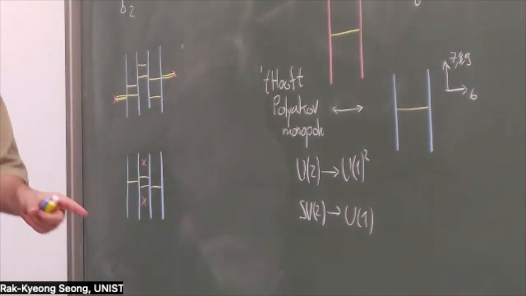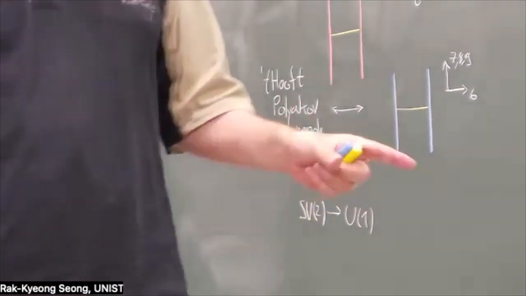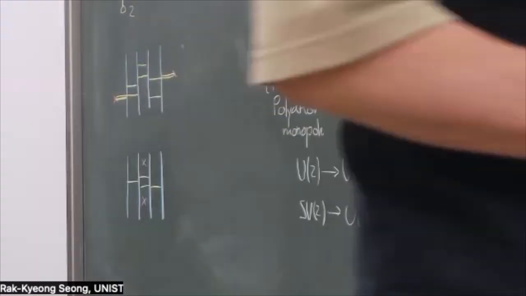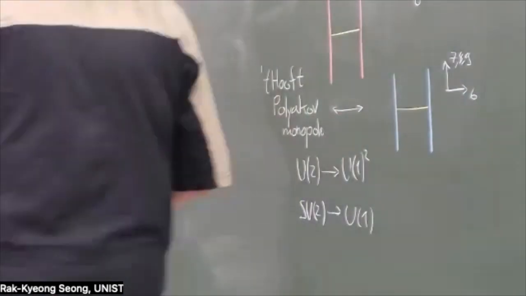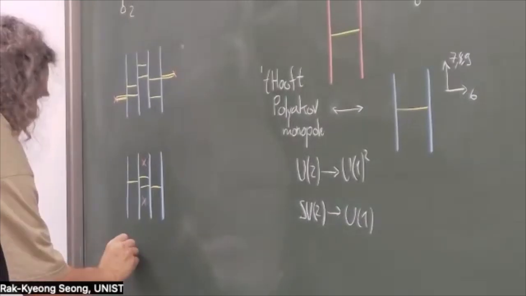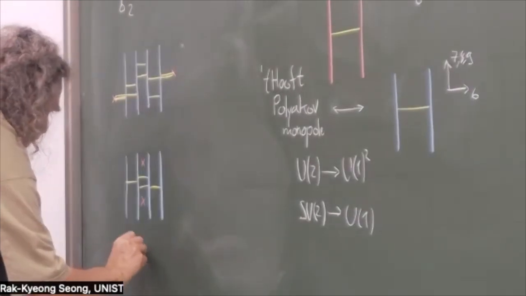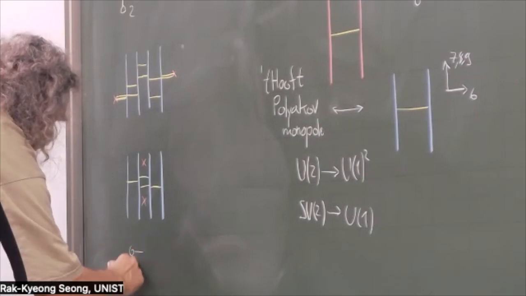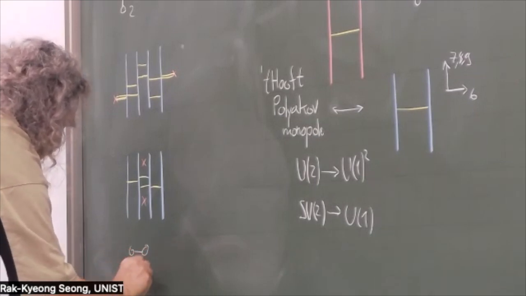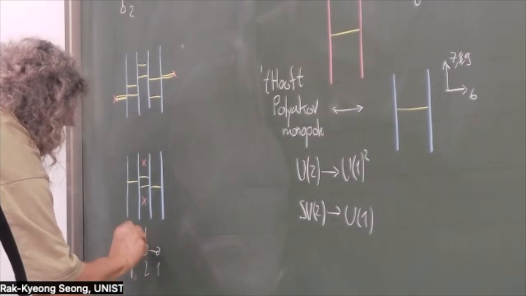Now, all of the 3 branes are between the blue ones, and the red ones are free. They don't have any branes attached. So I can use the rules for reading the magnetic quivers. 1, 2, 1 with framing 2.